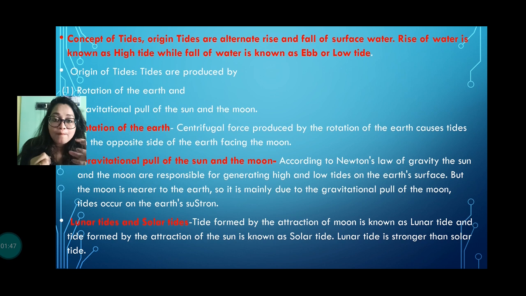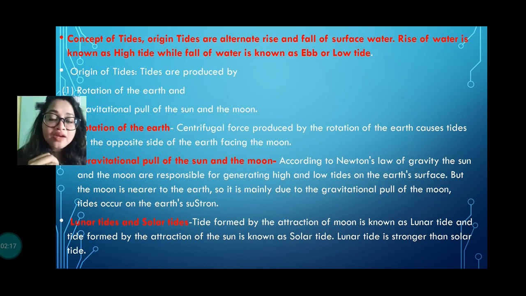The moon is nearer to the earth and the sun is far away, and the moon has more gravitational pull on the earth than the sun. Understood? The sun is big and has maximum gravitational pull, but because the moon is very near to the earth, it has the greater pull on the earth. So normally, tides occur on the surface of the earth due to the gravitational pull of the moon.